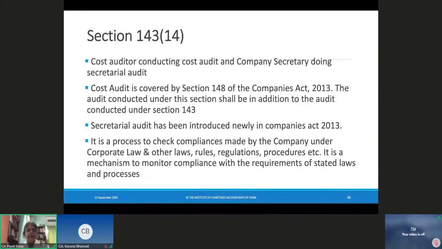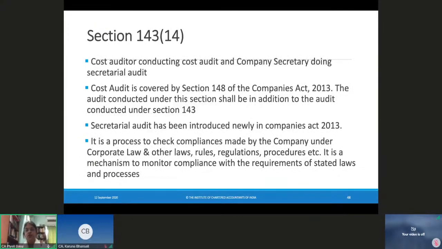And cost auditor, as I said, cost audit and secretarial audit are covered under the powers and duties of the auditor under section 143. Subsection 14 talks about the cost auditor conducting cost audit and the company secretary doing the secretarial audit, which is reasonably new.